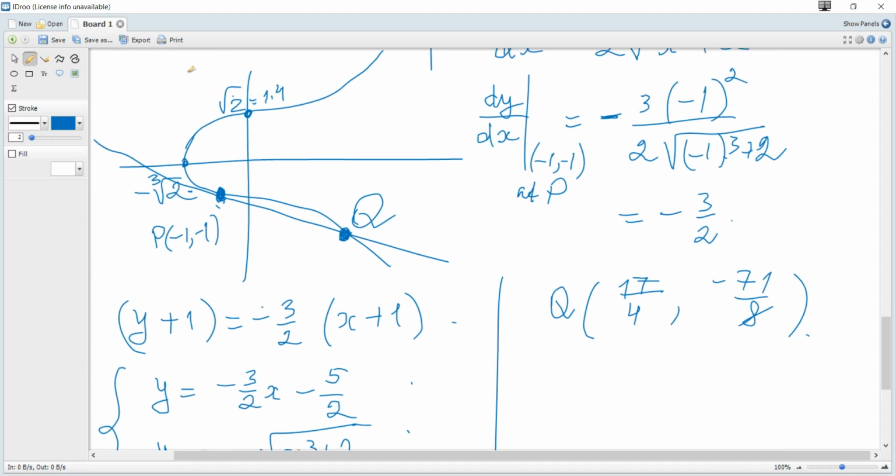So it is given another point S with coordinates -1 and 1, and we need line QS, and this QS intersects the curve at a further point, so we need this point.